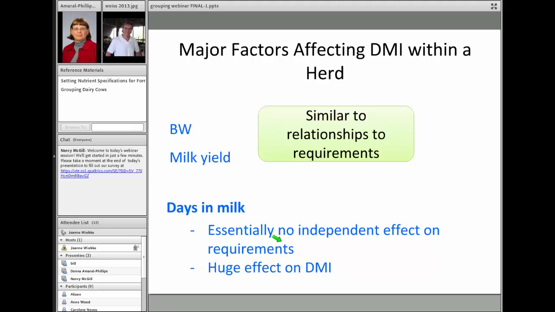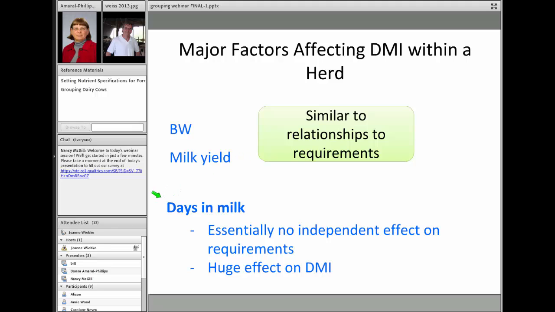Now we have to think about intake. Intake and milk yield, the same relative effects that I just showed you are true for intake. A bigger cow eats more, but not that much more. A high-producing cow eats more than a low-producing cow, and it's a substantial increase. So these relationships, body weight and milk yield, are similar quantitatively for both requirements and intake.